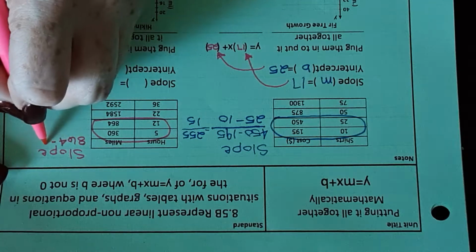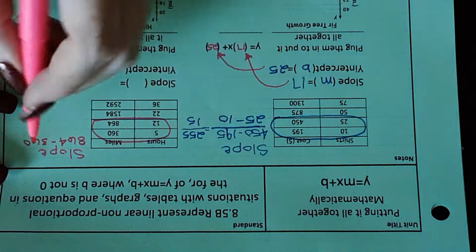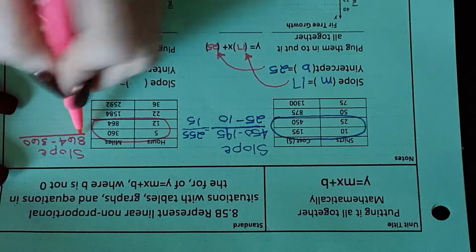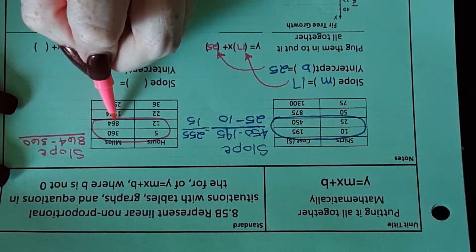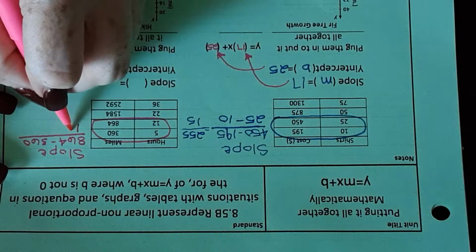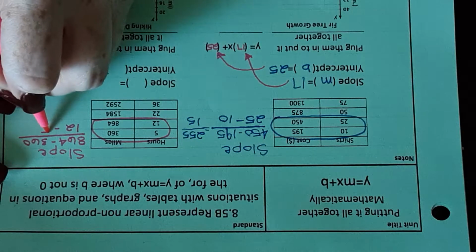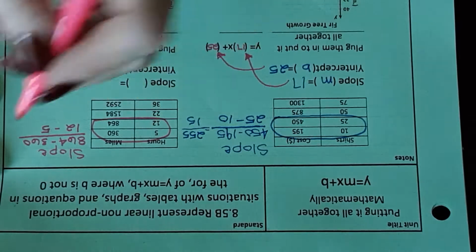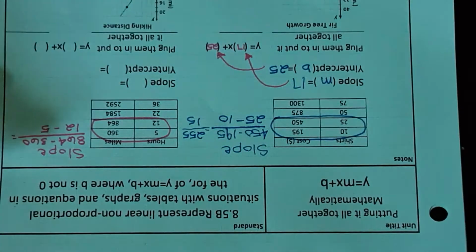864 minus 360. And that's going to be over, because I chose to do 864 first, I need to make sure I use my 12 first. And that's going to be subtracting 5. You're going to plug this into alpha y equals. I'm doing it by hand, so I'm going to have to reduce at the end.